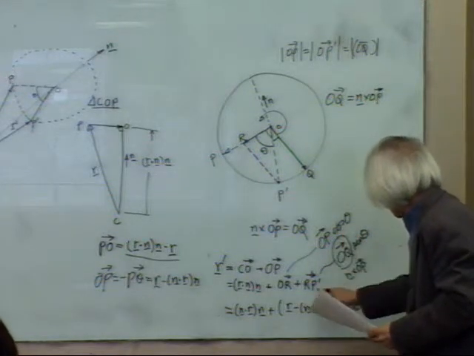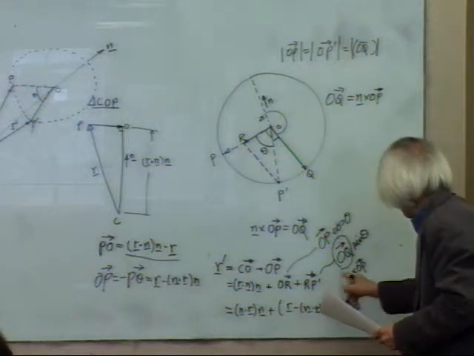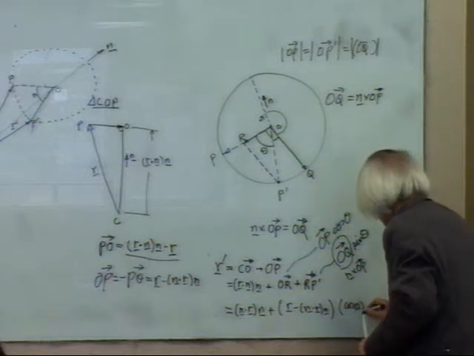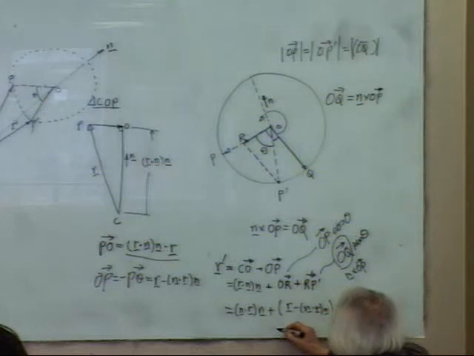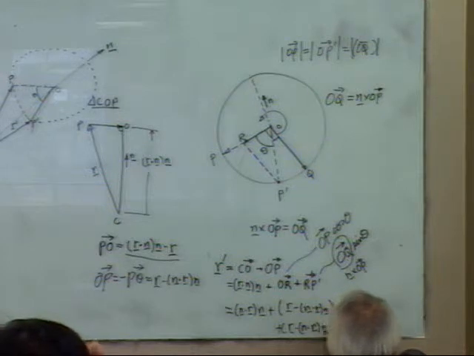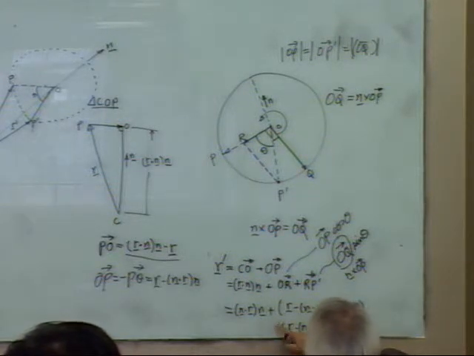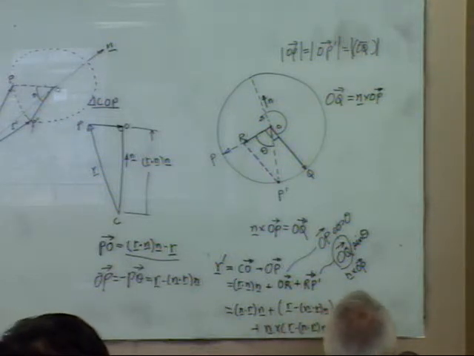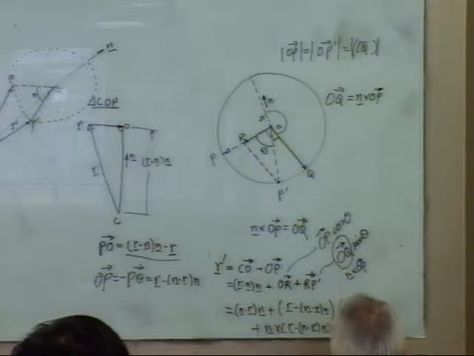Okay, and this is OP, that one, and that one is plus R minus NR, and then this is a cross plus N cross and sine theta.